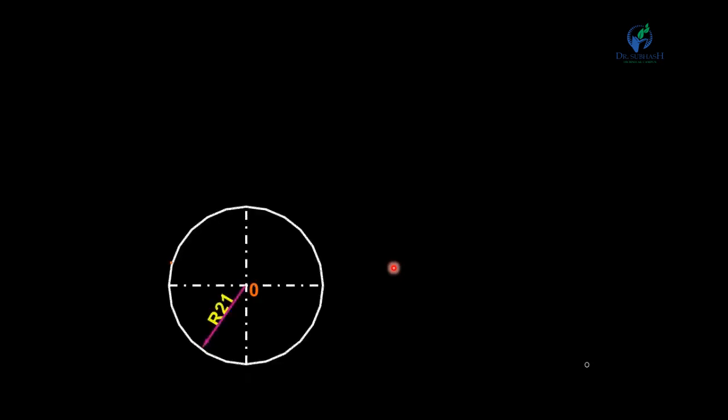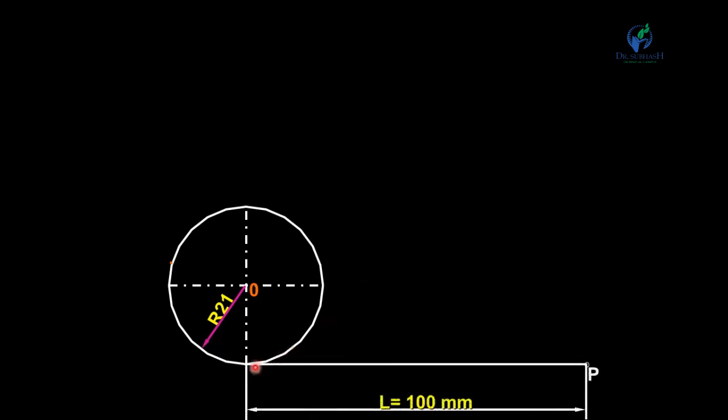So for that, first of all, draw a circle of radius 21 mm. Here this line is of 100 mm length.